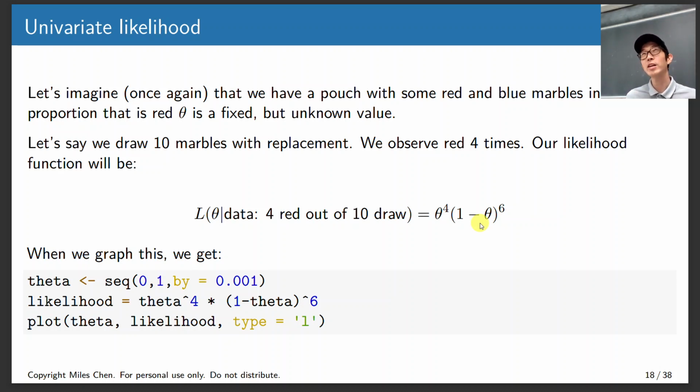That's, I think, intuitive. But then I want to ask, how confident are you in that estimate? It's based on just 10 observations, so your answer is probably not super confident. You'd feel a little bit better if we had observed like 100 observations or 1,000 observations.